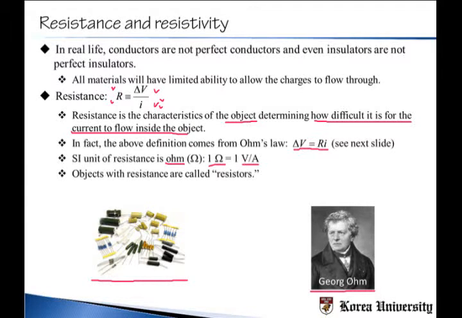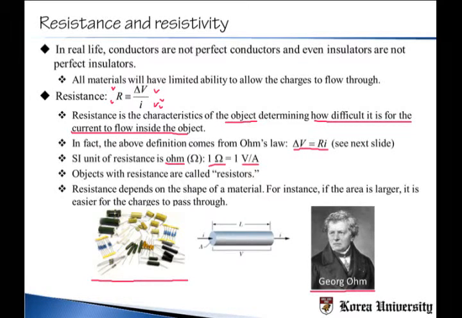And this different resistance depends on what type of material they are made of. It also depends on what shape these resistors have. So the important thing you have to understand is that resistance in fact depends on the shape of a material. The reason is because current is just like a flux, and resistance depends on the current.